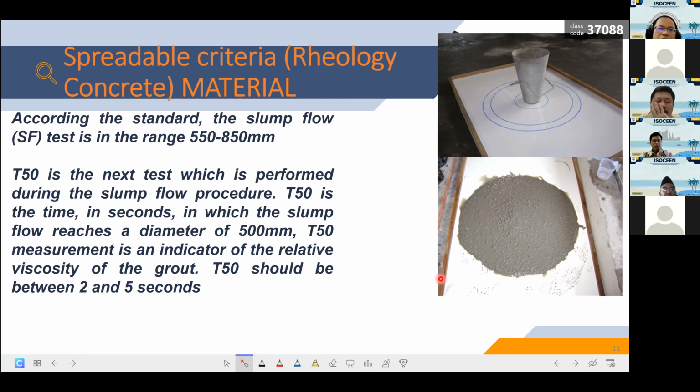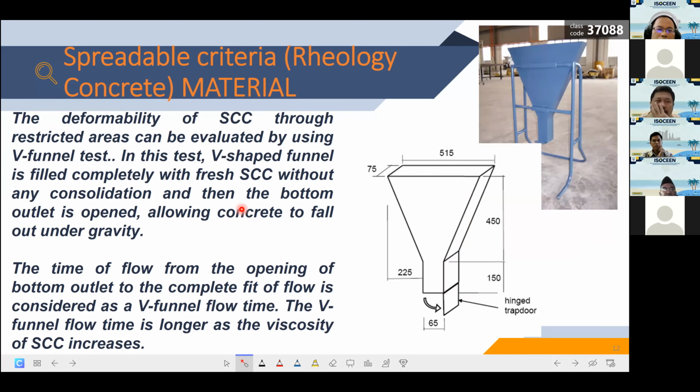Another spreadable criterion or rheology of the grout material is the V funnel. In this test, the V-shaped funnel is filled completely with the fresh self-compacting grout without any consolidation, and then the bottom outlet is opened.